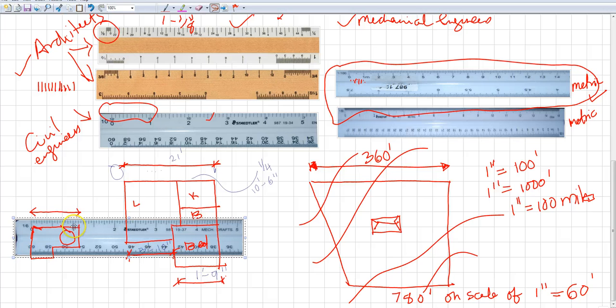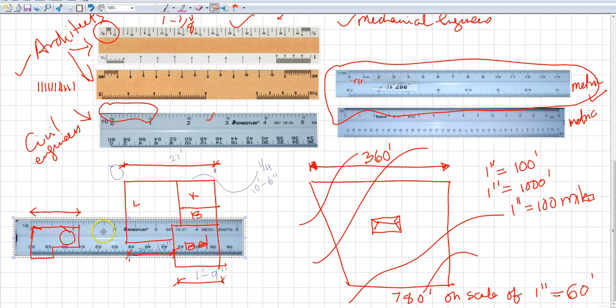Now if you look, this is 1/8 of an inch. This is 1/4 of an inch, starting from 1, right? Starting from 1, this is 1/8 of an inch, 1/4, 1/2. Okay, this is 3/4, and this whole thing is 1 inch.